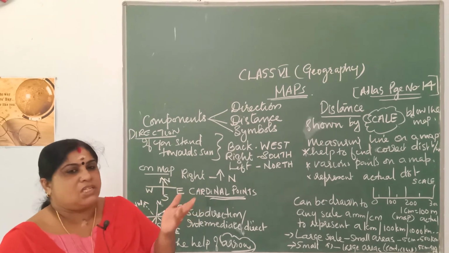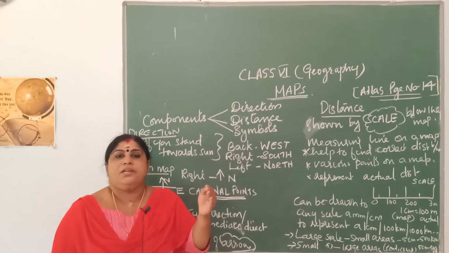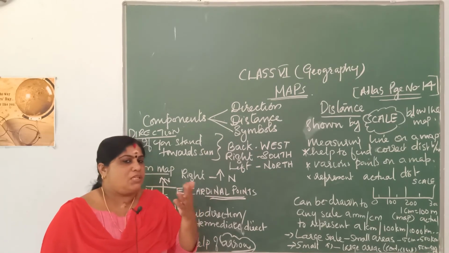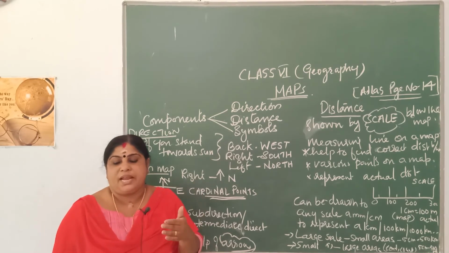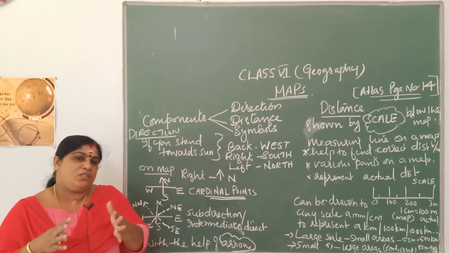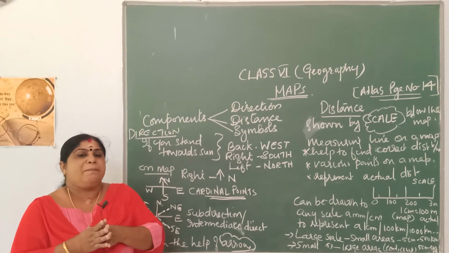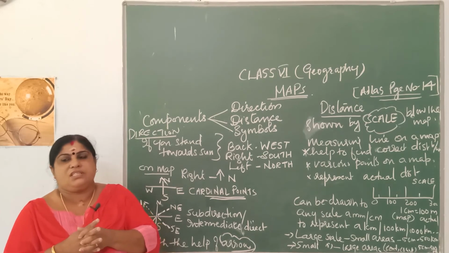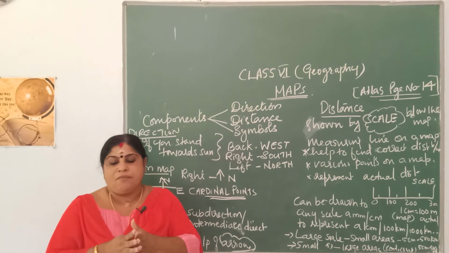So in such cases we use symbols to represent them on the map. Using symbols, it is clearer and much easier for you to read and understand. So for this quicker and easier understanding, we represent such physical features on earth with the help of symbols.